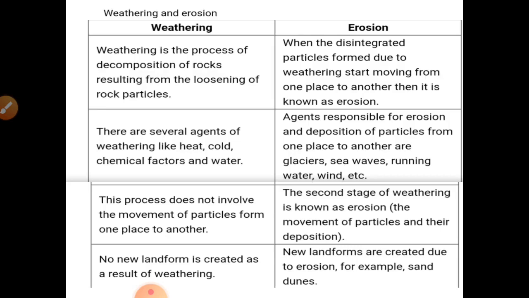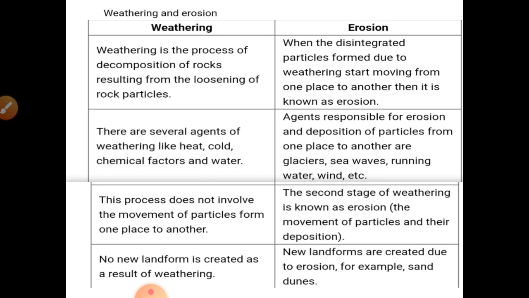For weathering, there are several agents like heat, cold, chemical factors and water. While agents responsible for erosion and deposition of particles from one place to another are glaciers, sea waves, running water, wind, etc. Weathering does not involve the movement of particles from one place to another.